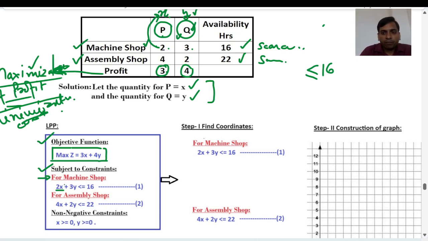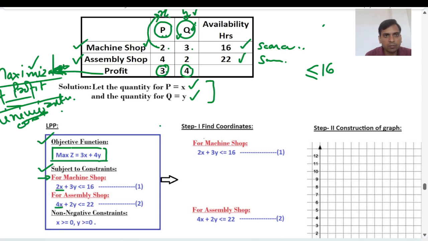In the same way, we will write the constraint for the assembly shop also. For product P, 4 hours per unit, and we are producing X units, so this is 4 into X, 4X.